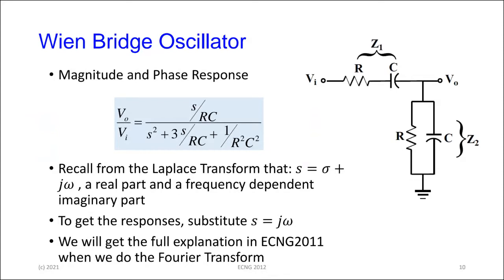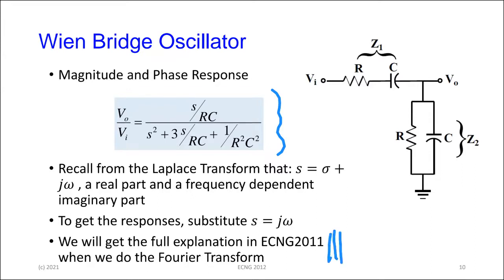So we're going back now to the Barkhausen criteria business. If you remember when you did the Laplace transform, the Laplace variable S is really a two-part variable. It has a real part sigma and an imaginary, frequency-dependent part, which is j omega. To get the frequency response of that transfer function, we make the substitution S equal to j omega, which is really doing something called the Fourier transform.